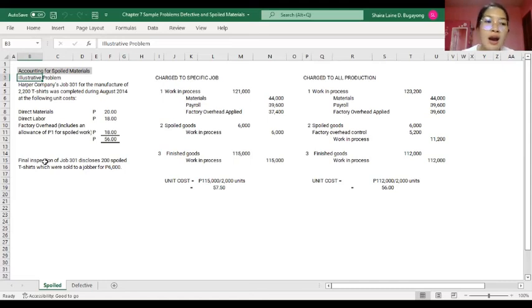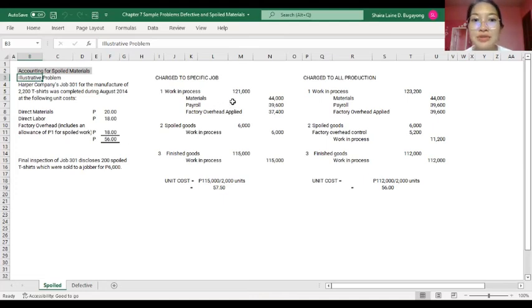So our total unit cost is at 56. So final inspection of job 30 discloses 200 spoiled t-shirts which were sold to a jobber for 6,000. Katong mga na-spoil, pwede pa siya nga ibaligya sa company.